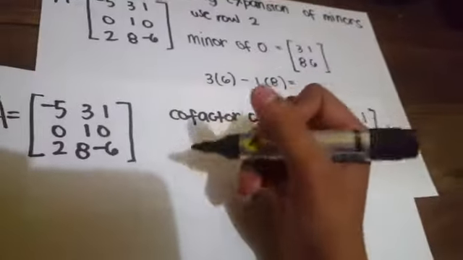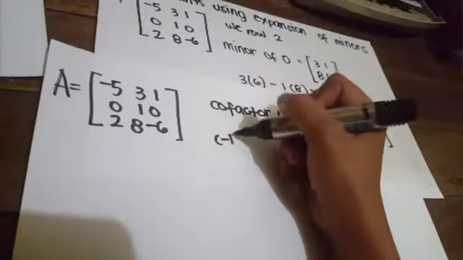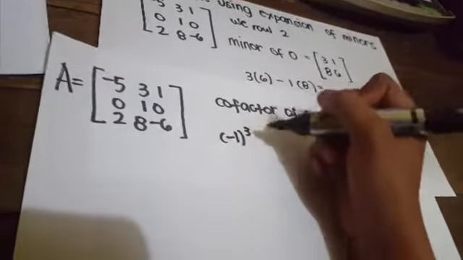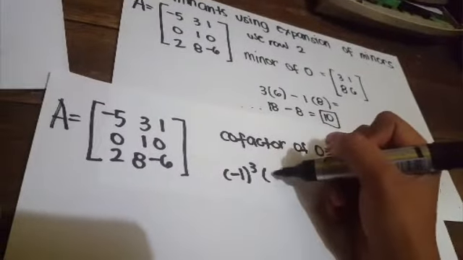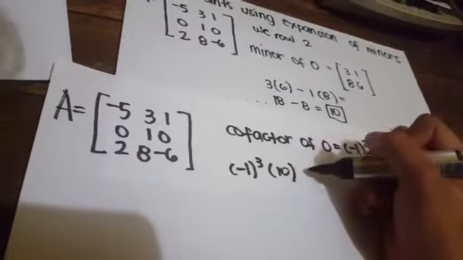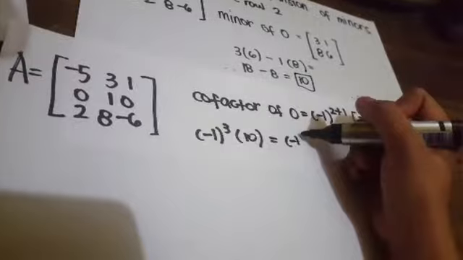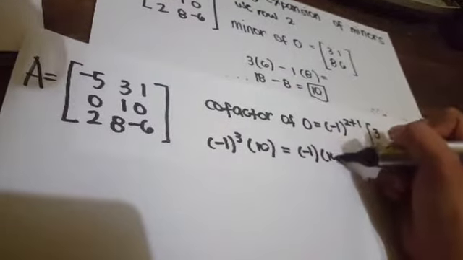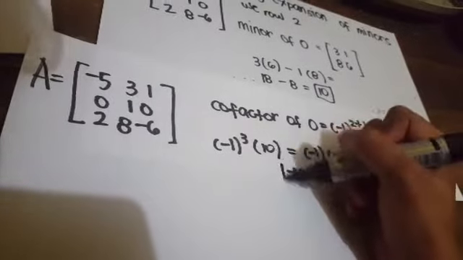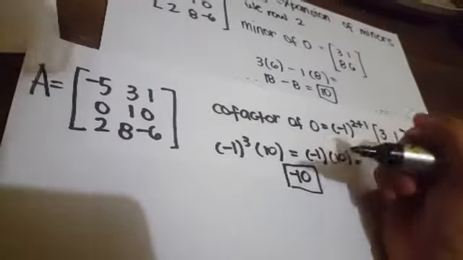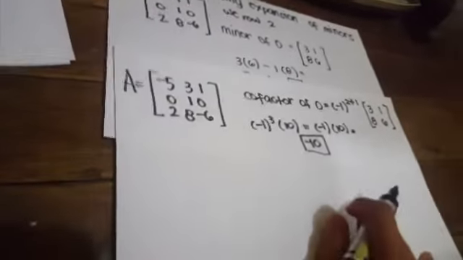So negative 1 raised to 3 times 10 equals negative 1 times 10 equals negative 10. So the cofactor of 0 is negative 10.